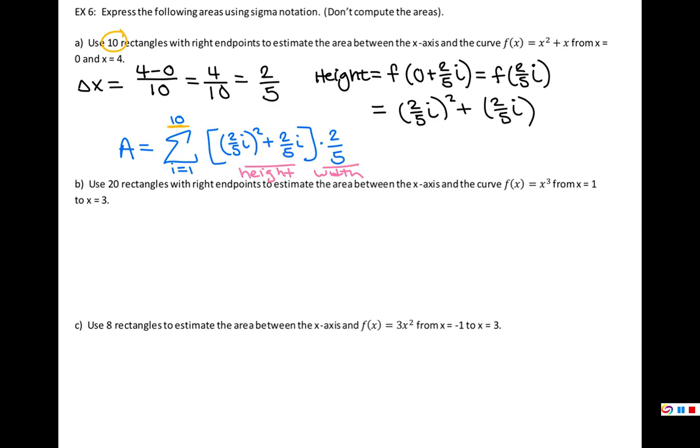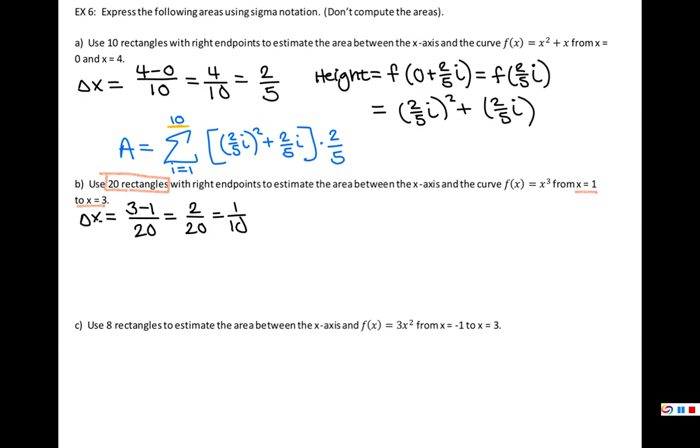So let's try another one. Use 20 rectangles, so n is 20, with right endpoints to estimate the area between the x-axis and the curve f of x equals x cubed from 1 to 3. So the first thing I'm going to do is find my delta x.